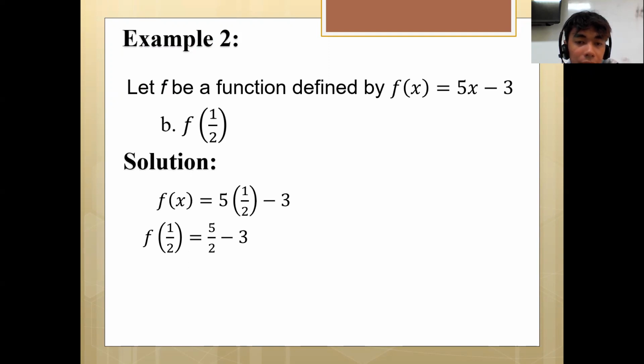Then just multiply 5 by 1/2, you have 5/2 minus 3. Then just subtract, and the final answer is f of 1/2 is equal to -1/2. Okay? Did you understand? Okay, thank you.